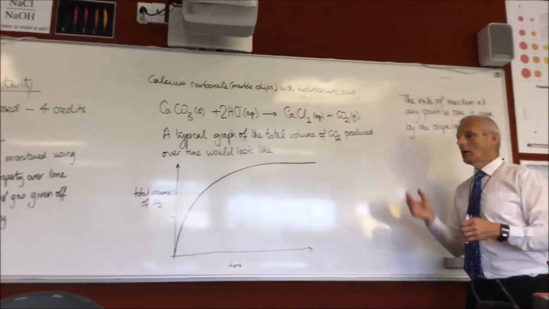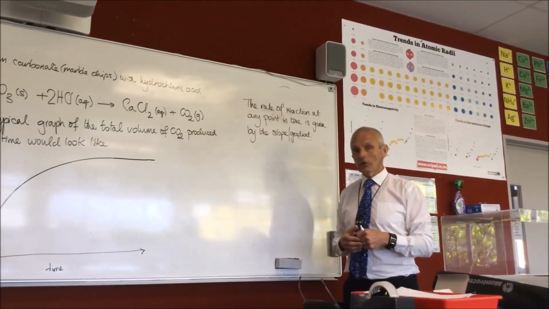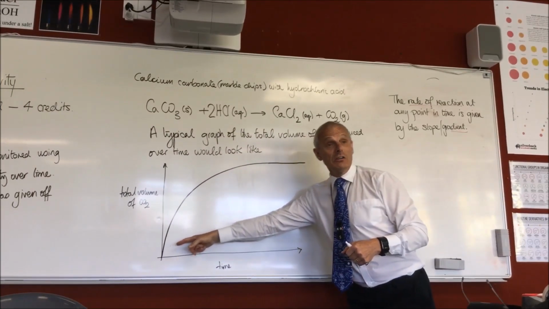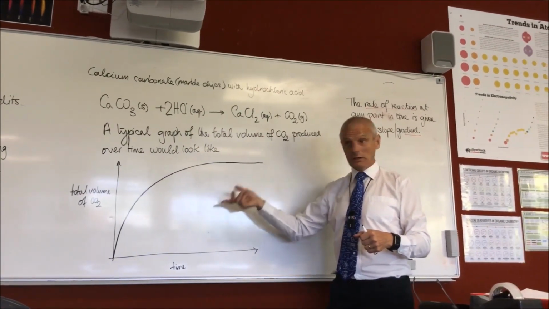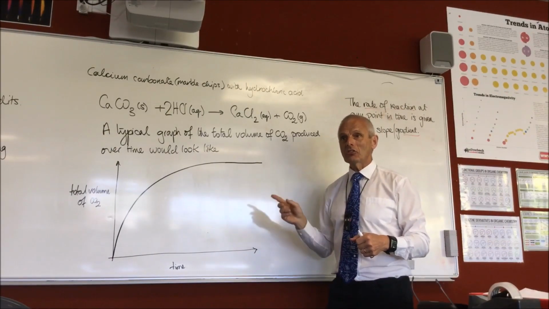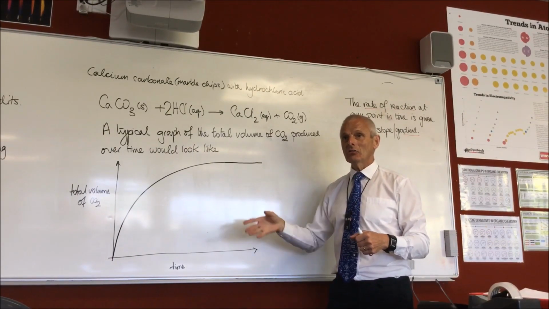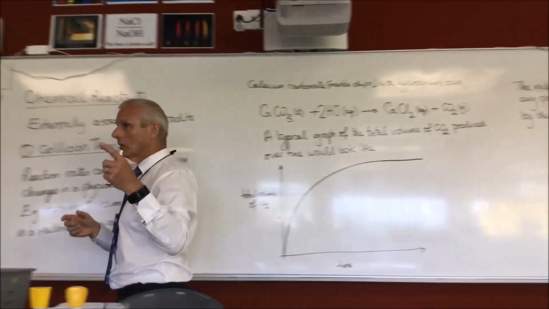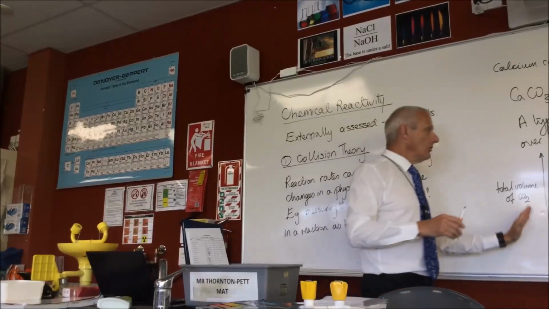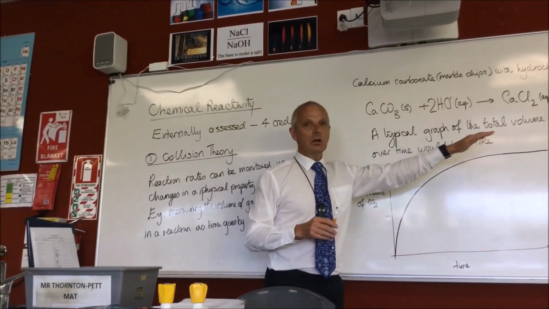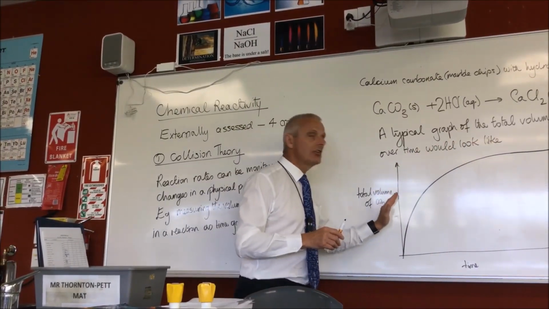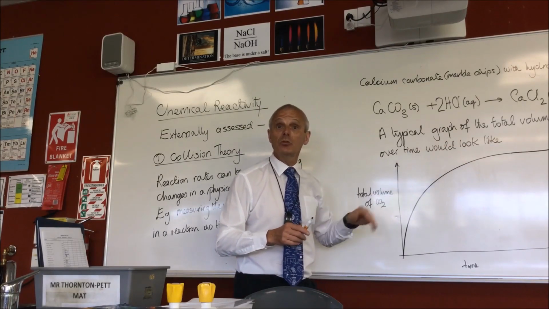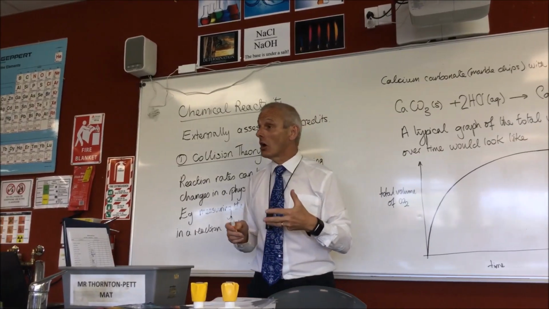What does that tell us about the rate of reaction? The first thing we can say is that this is not a straight line, a linear graph, so the rate of reaction is changing as the reaction goes on. So we're not comparing two reactions here, we're just looking at the same reaction. So because this is a non-linear curve, it's telling us that the gradient is getting smaller and less steep as we're going along, which means that the reaction is in fact slowing down.